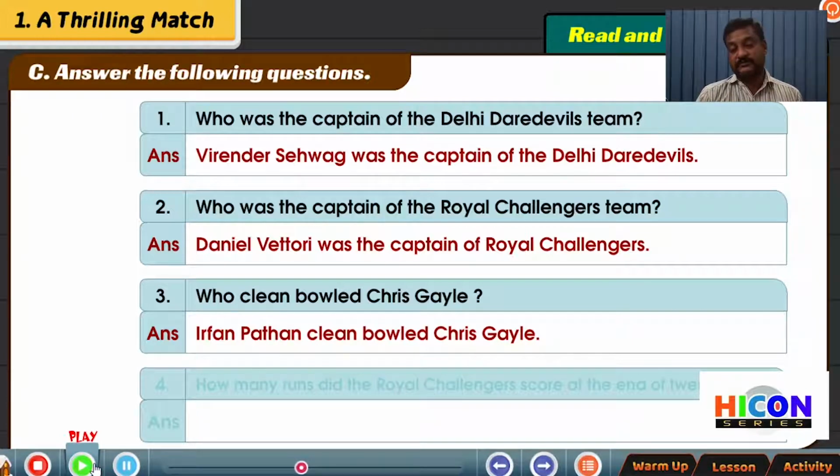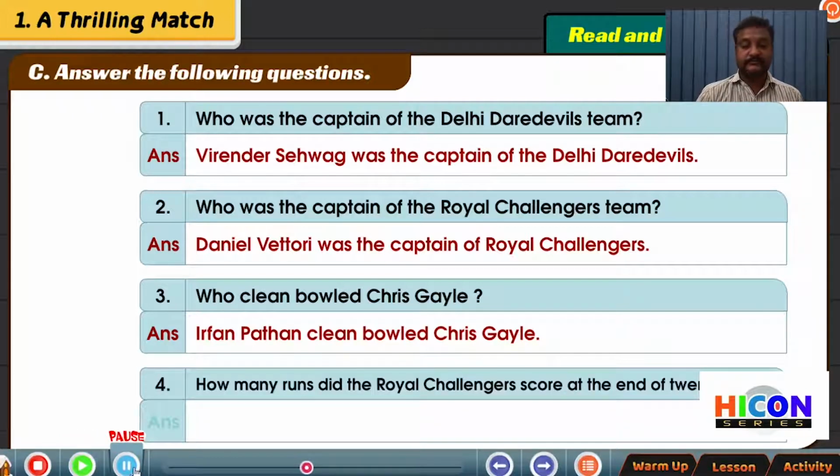Now the next question. How many runs did the Royal Challengers score at the end of 20 overs? What was the score of Royal Challengers at the end of 20 overs? How many runs did they score? What is the answer?